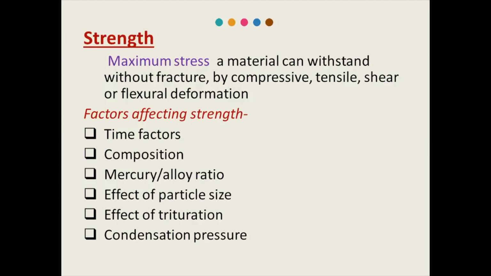So what are the different factors that affect the strength? This can be asked in a question: factors affecting the strength. These are the time factor, composition of the material, mercury to alloy ratio, effect of particle size, effect of trituration and condensation pressure. So let us see these factors one by one.